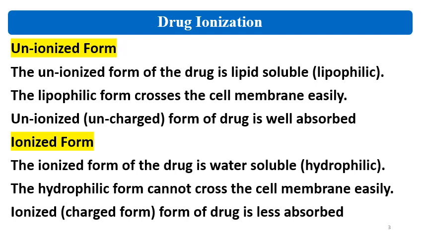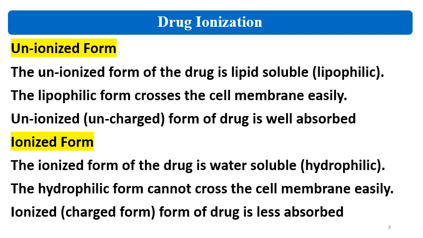See, the cell membranes are lipid in nature, that's why the lipophilic molecules cross the cell membrane easily. This is a very basic thing to understand: the unionized or uncharged form of the drug is lipid soluble, or lipophilic, and that's why it is well absorbed.